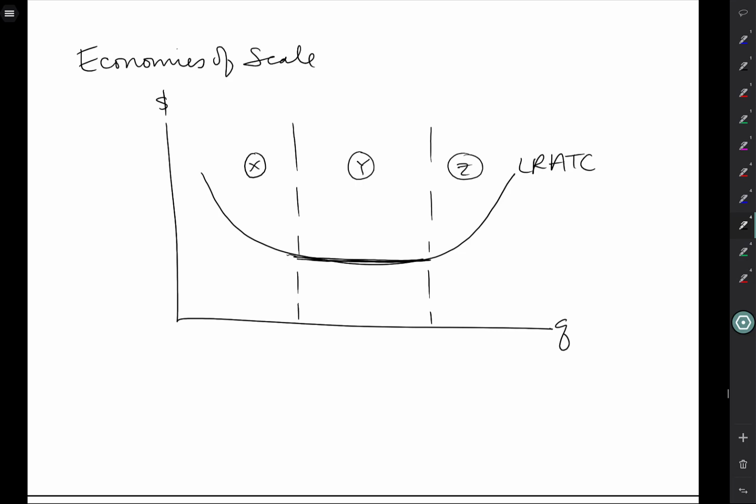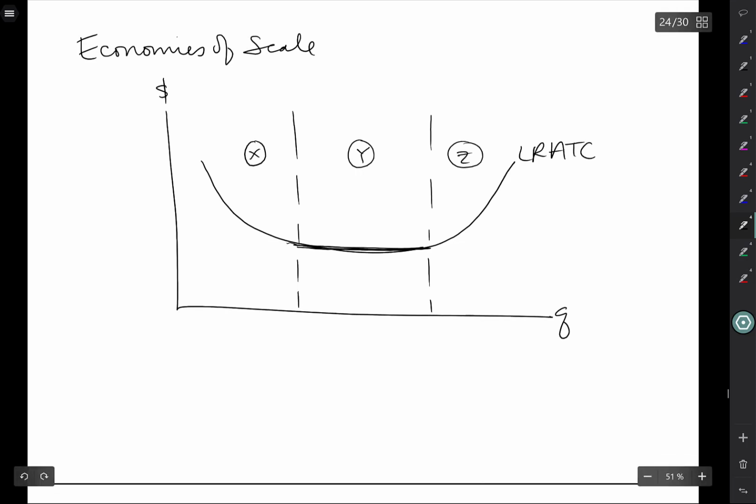Okay, and so let's talk about what's happening at region X. Notice that if we're in region X, as we produce more, we're dropping average total cost. Average total cost is going down, long run average total cost. This particular region is what is known as economies of scale. Actually, I'll write it here. Economies of scale.